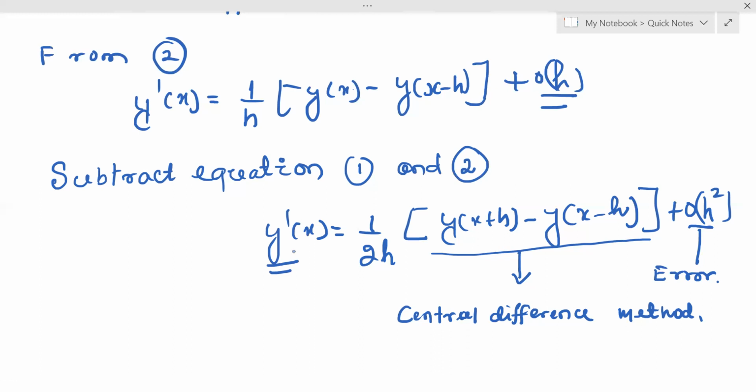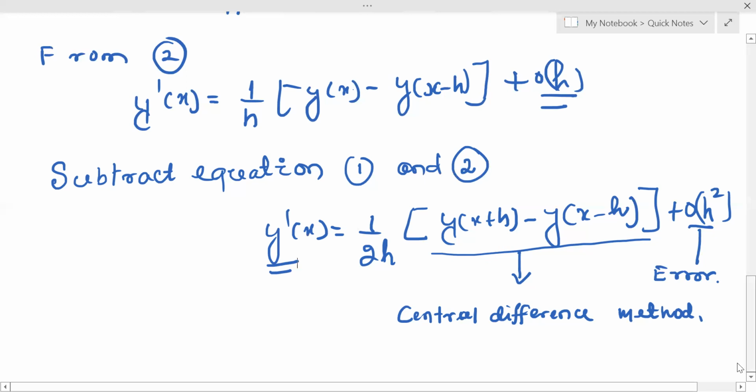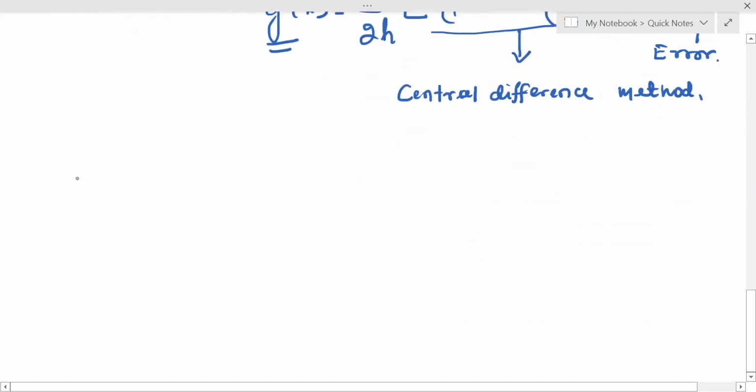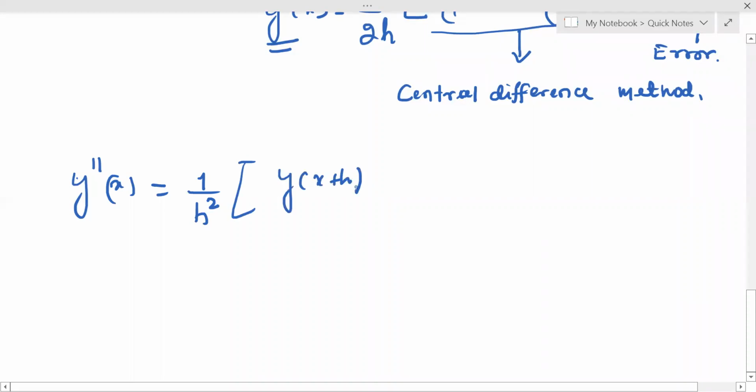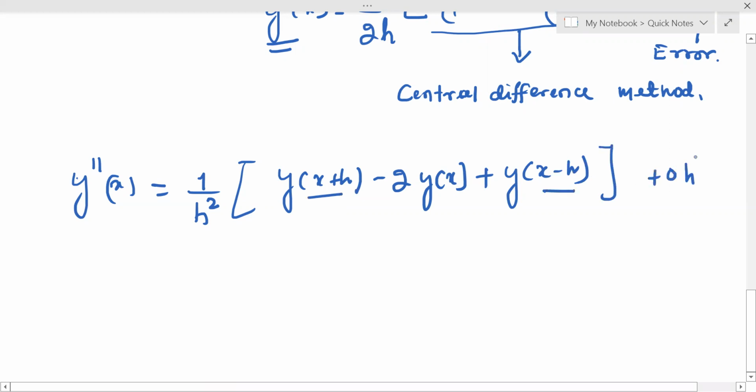Now that is the same process, using the central difference method. y''(x) also can be calculated, and that is equal to 1 by h squared times y(x+h) minus 2y(x) plus y(x-h), plus order of h squared.